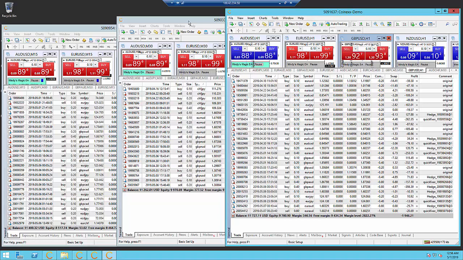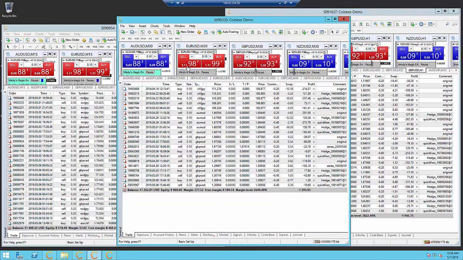This middle account, it also last week turned itself on and off several different times, right? And currently this account has a negative PL of $1,293. It started with $10,000.